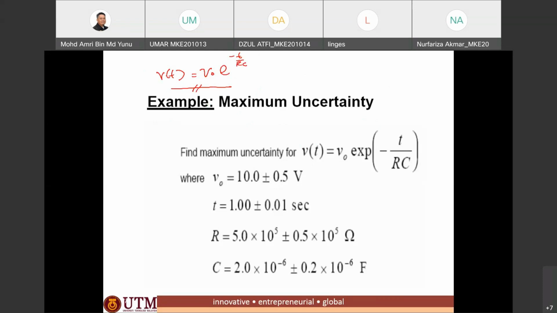So Vt depends on a few independent parameters here, where it depends on 4 independent parameters. One is Vo, number 2 is t, number 3 is R, and number 4 is C. So there are 4 independent variables.